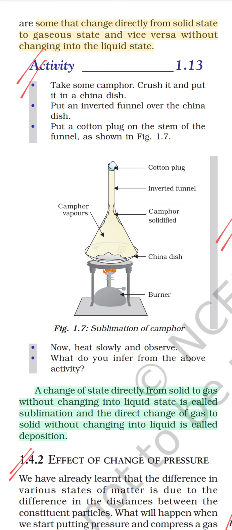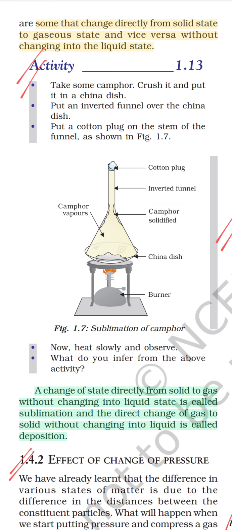Here is activity 1.13. Take some camphor, crush it and put it in a china dish. Second, put an inverted funnel over the china dish. Next, put a cotton plug on the stem of the funnel as shown in figure 1.7.